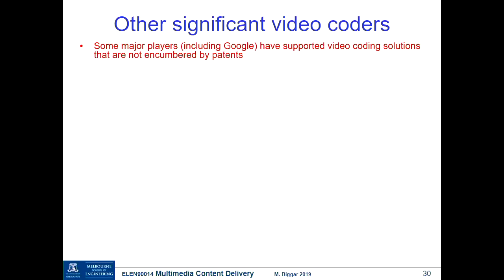So the motivation for some other coders has come from some organisations feeling that they do not want anything that's encumbered by patents. A bit of background about patents. An organisation like MPEG is concerned with technical standardisation.